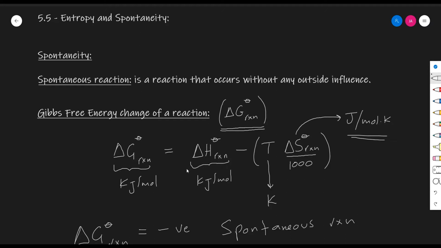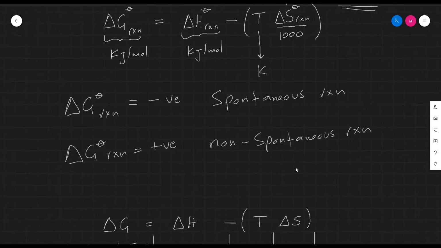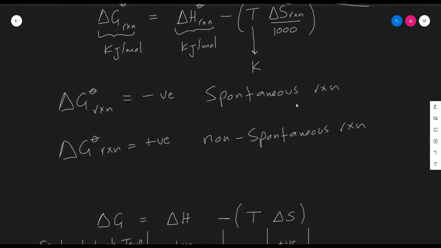Thus, using this simple equation, once you calculate the enthalpy change of a reaction and the entropy change of a reaction and include the temperature at which the reaction is carried out, one can determine if a reaction is spontaneous at that particular temperature or not. If the Gibbs free energy change of a reaction produced is a negative value, this means that the reaction is a spontaneous reaction at that given temperature.